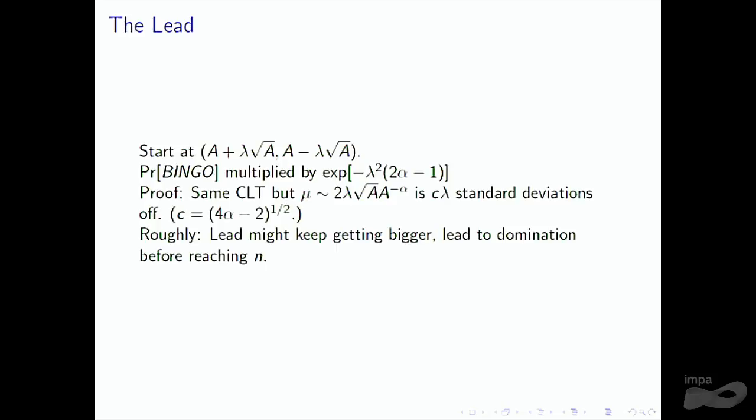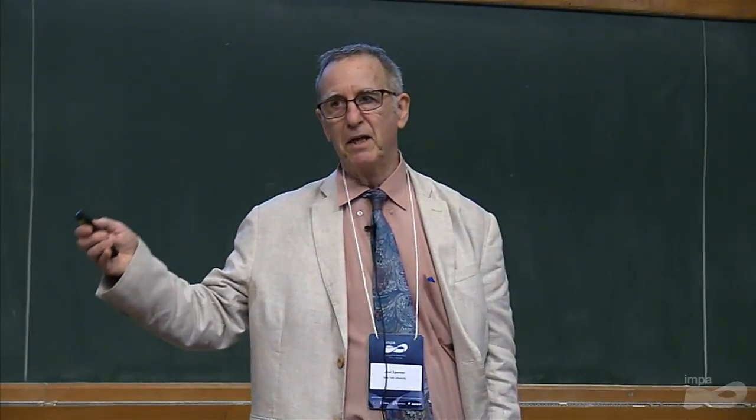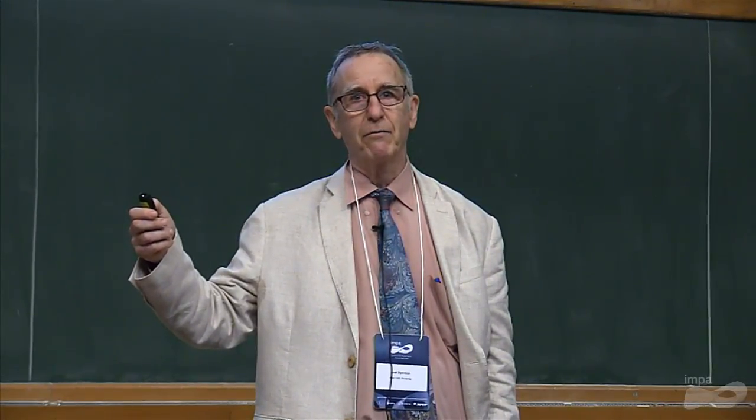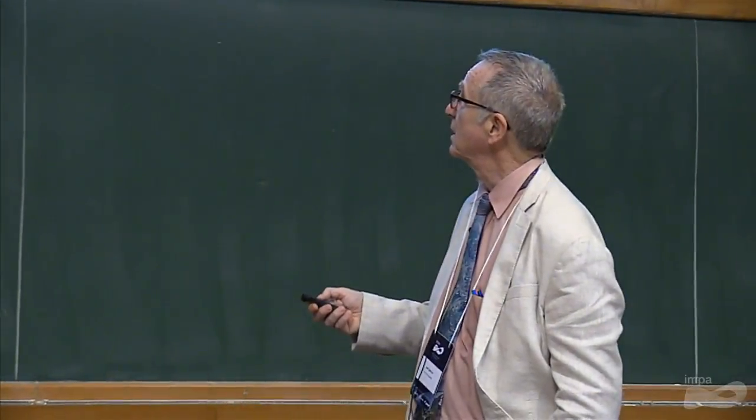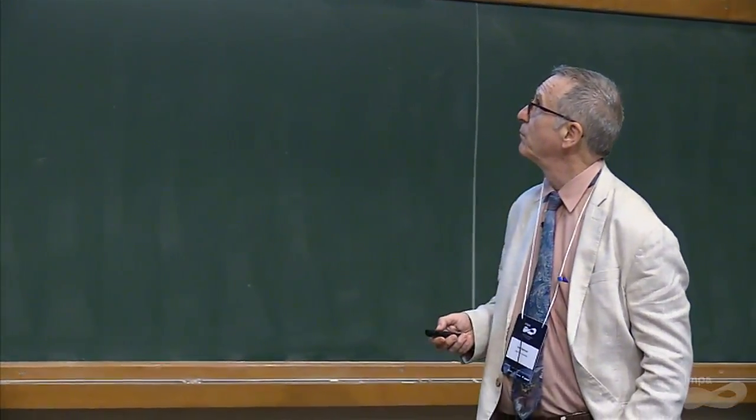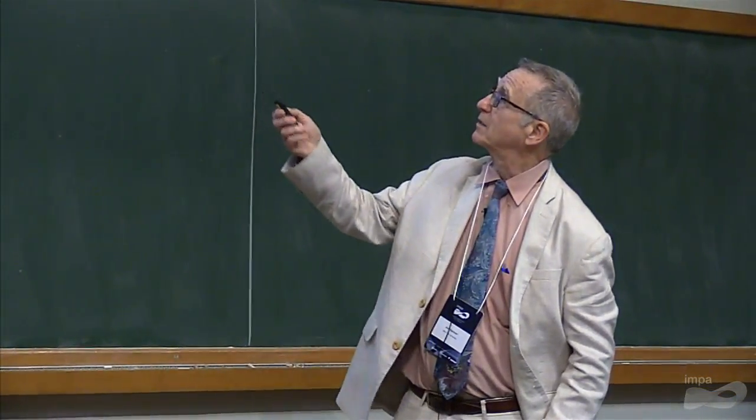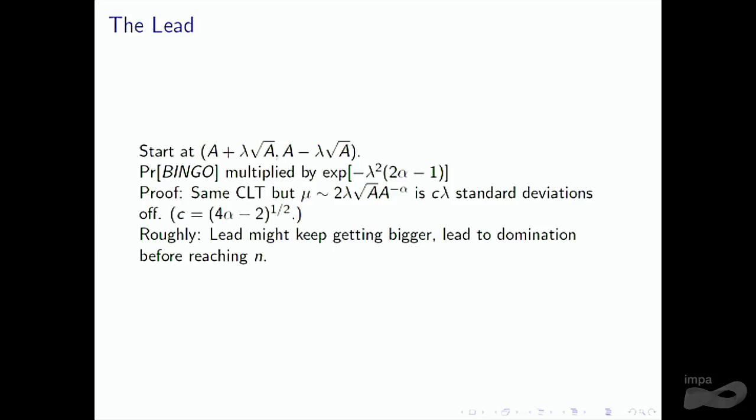And when you work it out, you get the same probability, but you get this extra factor because instead it's the PDF, but it's not the PDF at 0. It's the PDF a constant off, depending on what lambda is. And it turns out that's the value.